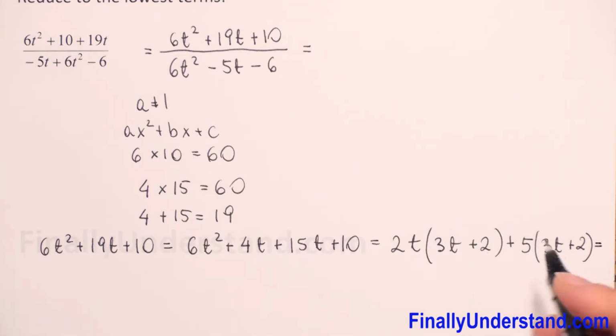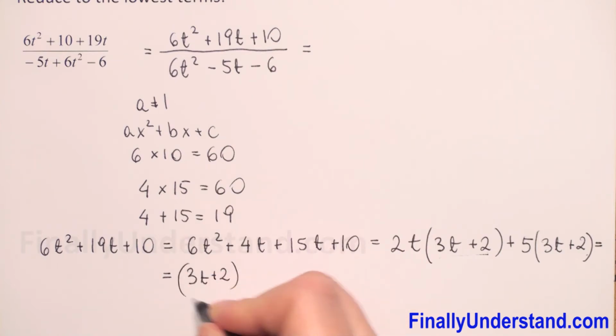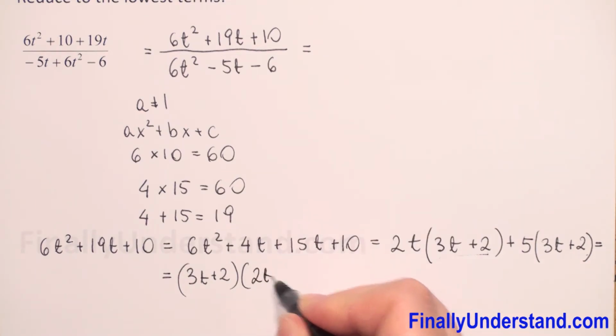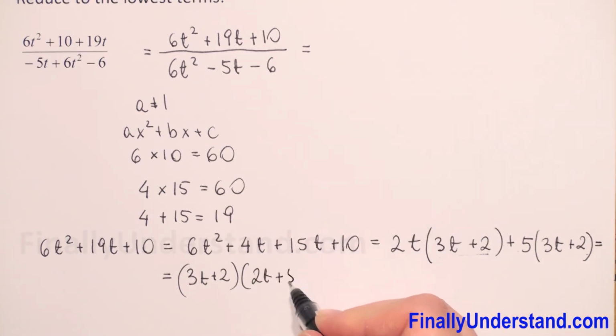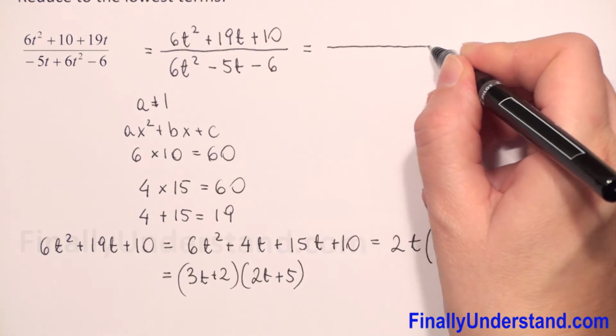Now we see that in parentheses we have exactly the same expression. So we can factorize 3t plus 2, and whatever is left will be in the second parenthesis: 2t plus 5. So now we can write our numerator.